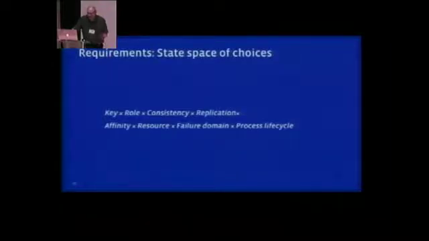So what's the state space of choices of these generic sharding systems? You have to understand how to deal with different keys. If you have systems that have to be consistent, you might use Paxos with primaries and secondaries, so you have different roles. You want either an eventually consistent or a strongly consistent system.